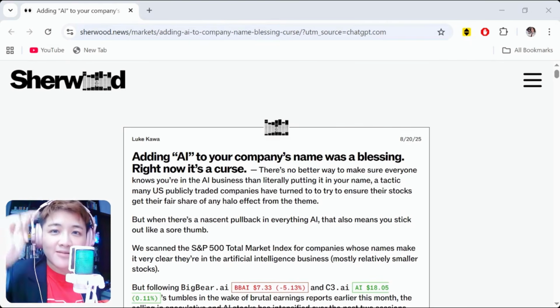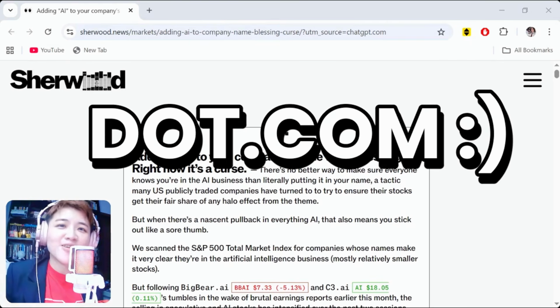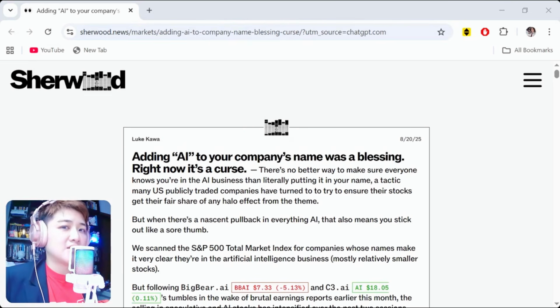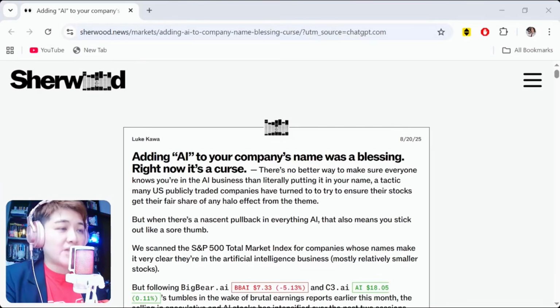They just add one word to it, .com. Then their price went up. Right now, companies are changing their names or adding the word AI to their project, to their company. Even if they don't earn more as a result of that, their stock price went up. Because investors, the moment they see, oh, you're taking advantage of AI, must be good, let me buy.